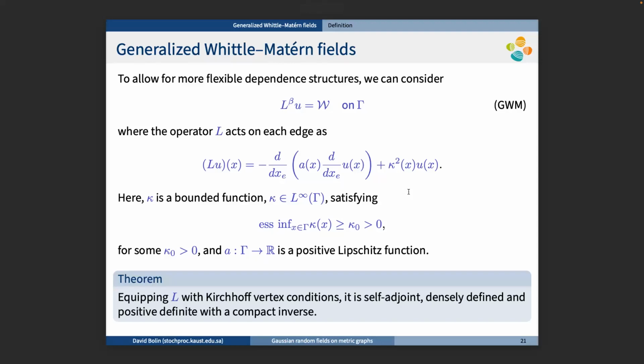Under these assumptions, basically the boundedness of kappa and Lipschitz continuity of the parameter a, we can show that this operator behaves well. If you equip it with the Kirchhoff conditions again, it is again a self-adjoint, densely defined, positive definite operator with a compact inverse, meaning that it has a spectral expansion, so we can define the fractional power L to the power of beta in the spectral sense.